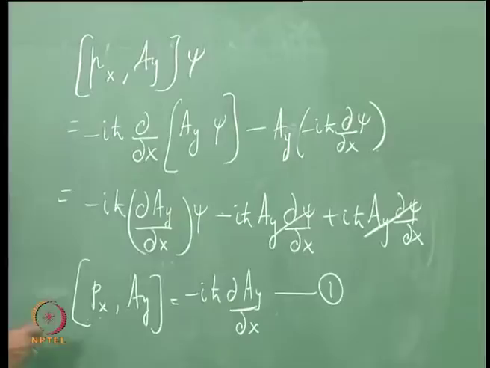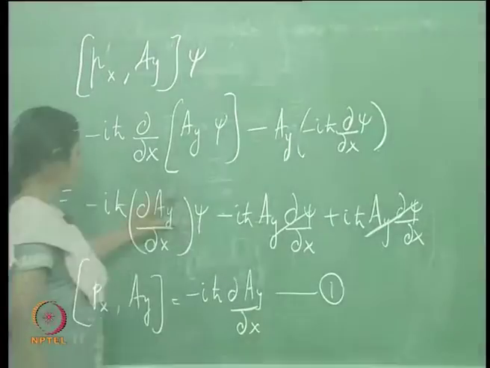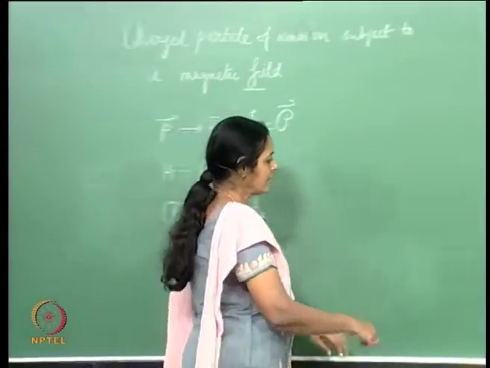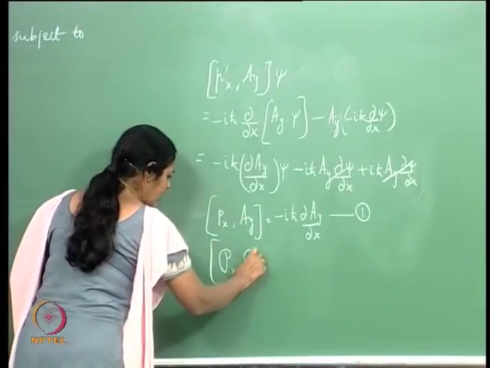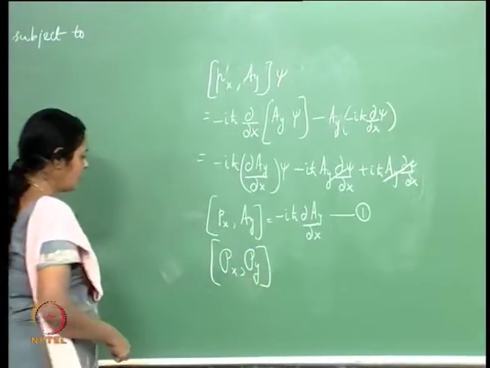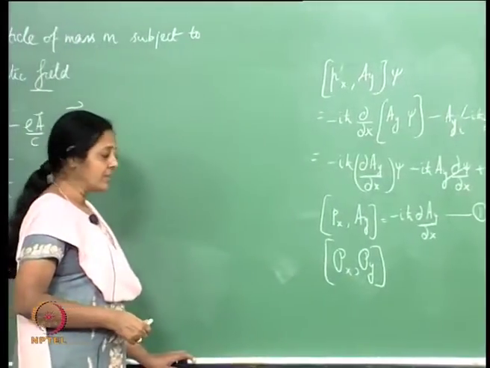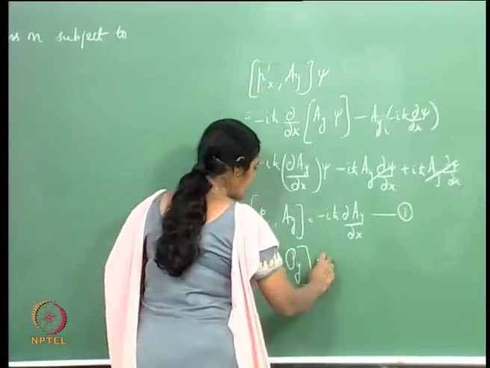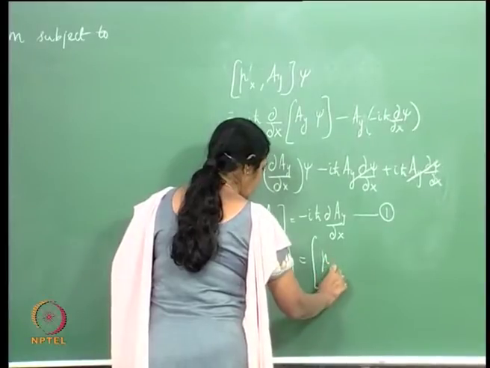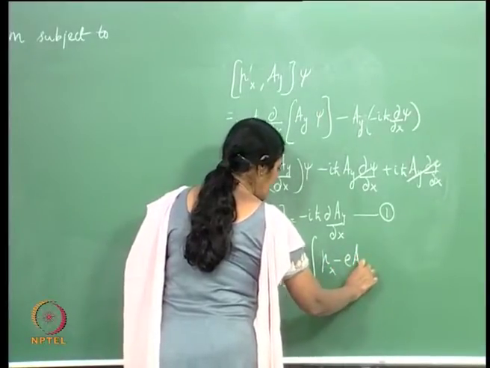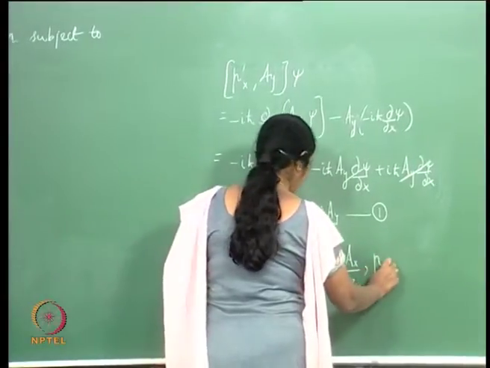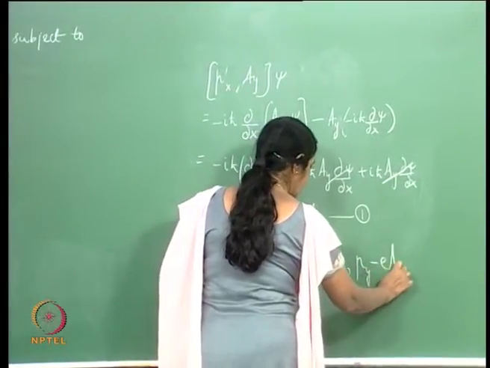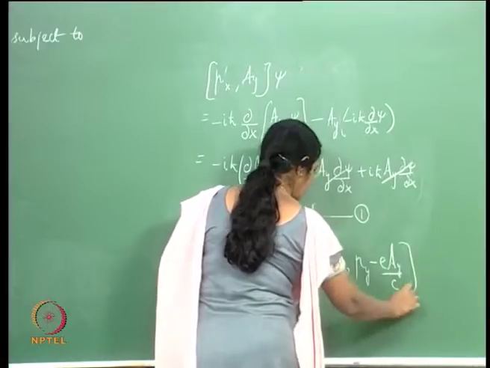Now, my aim, since the Hamiltonian is in terms of capital P's, the next step is to use this to find out the commutator of capital Px with capital Py. Now, this would mean the commutator of Px minus eAx/c with Py minus eAy/c.